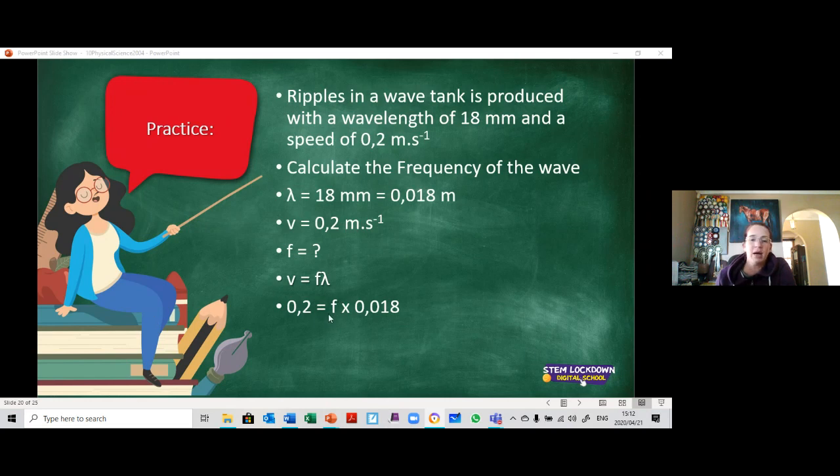Okay. Now I want F on its own. So I go 0,2 divide by 0,018. And I get 11,111111111 forever. So 11,11 hertz. Okay. So that wasn't that hard. You just need to be able to read your question carefully and pick out from the question the variables that you need.